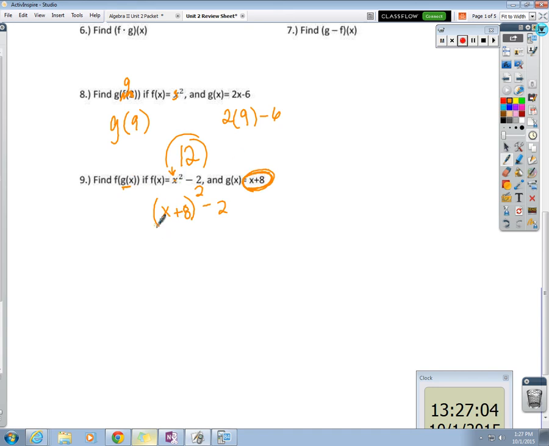Now, what does x plus 8 squared literally mean is going on? You're multiplying it by itself. So like had it been x plus 8 cubed, we would write it how many times? 3. Okay, so now when you see this, what word pops in your head? FOIL, okay, so what do we multiply first?